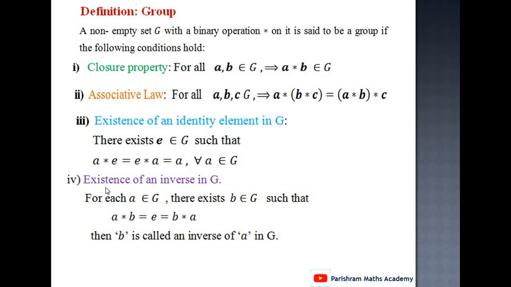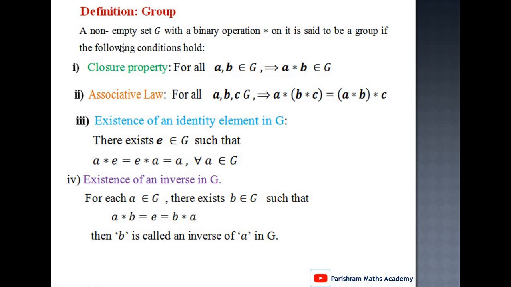And the fourth condition, existence of inverse in G. For each a belongs to G, there exists an element b belongs to G such that a star b equals e equals b star a, then b is called the inverse of a in G. That is, if the four conditions are satisfied, then (G, star) is called a group.